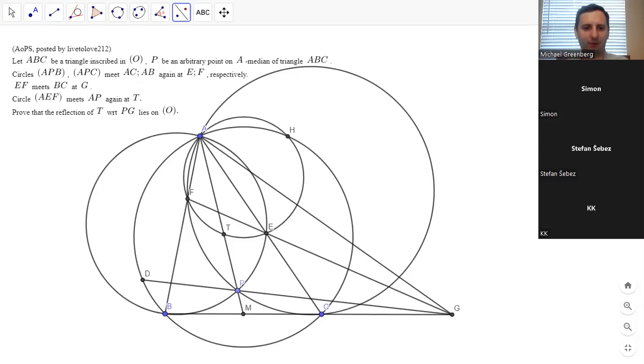Well, we haven't worked on it that long, but still, it looks hard. So yeah, H is a Miquel point, and we want to show that GT equals GH, and that they're both tangent to the circle.